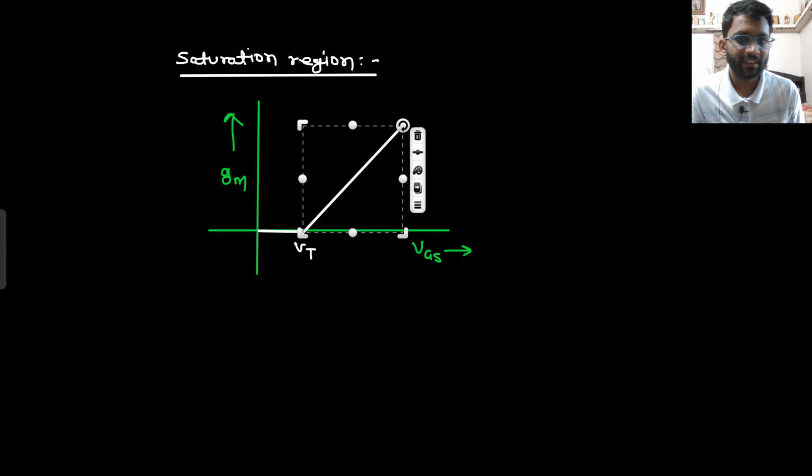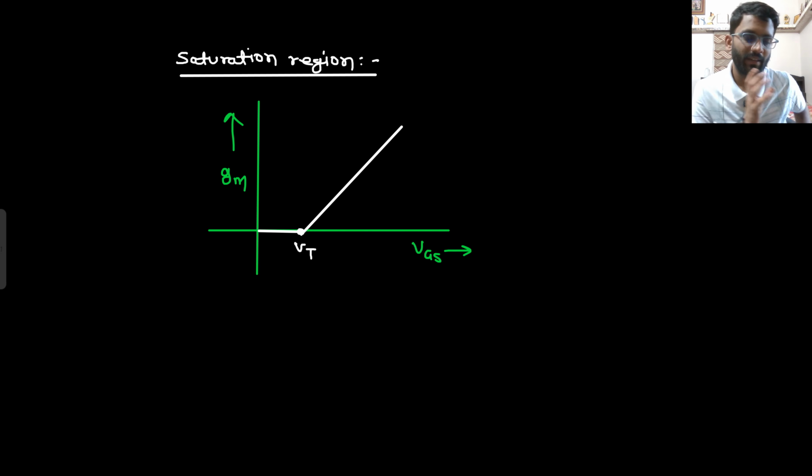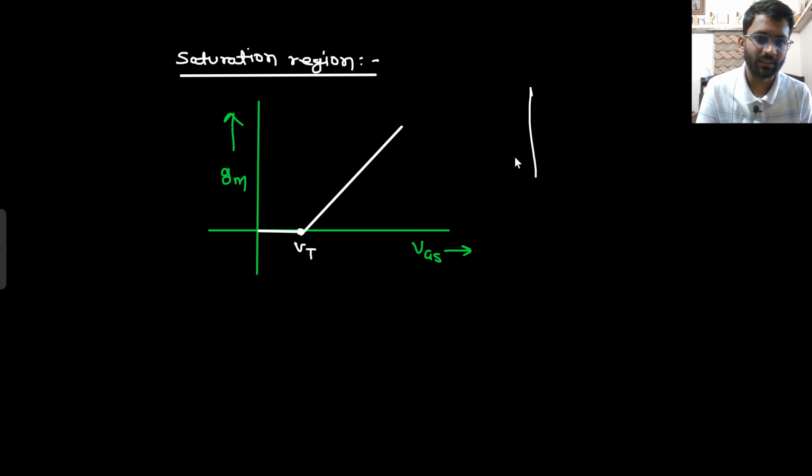But in reality this is not the graph. In reality the graph is different, and we will study that in depth, but in EDC. That is important for EC guys only. This is not important even for placements. They will not ask you the Gm versus VGS graph. When we study EDC, I will tell you in depth for the linear region as well as the saturation region how the graph goes, something like this.